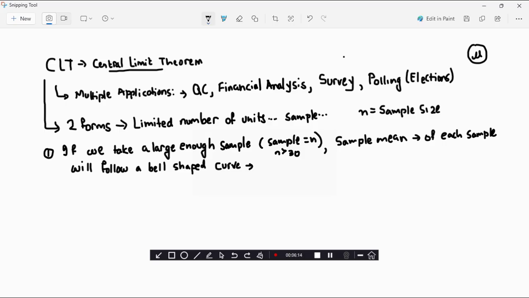The bell-shaped curve looks something like this. This is your bell-shaped curve. So if we take the sample mean of each sample, it will follow this bell-shaped curve, and the bell-shaped curve also represents normal distribution. So this is normal distribution.